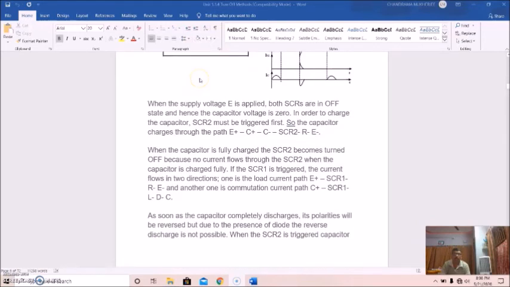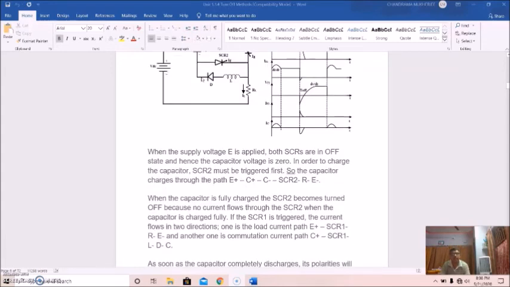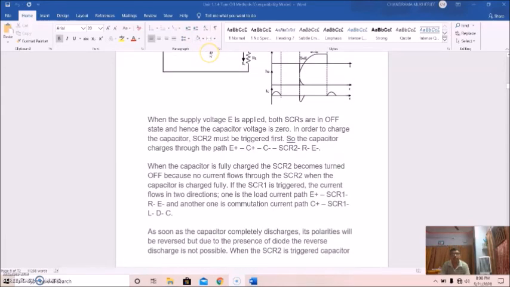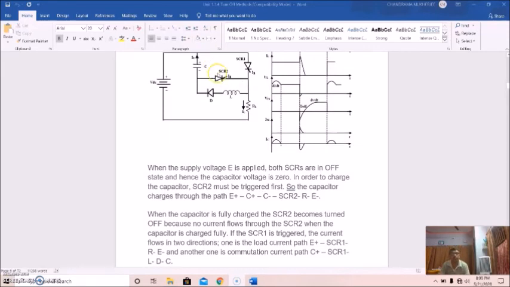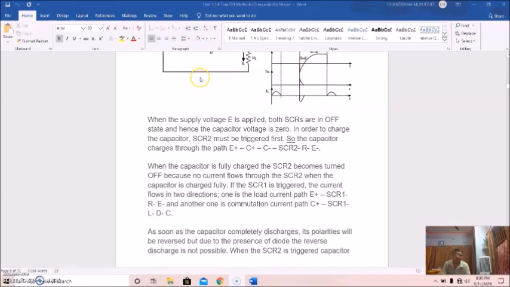As soon as the capacitor completely discharges, its polarity becomes reversed due to the presence of the diode. The reverse discharge is not possible because, if it is positive, this is the cathode portion of the diode, so it is not possible to discharge.